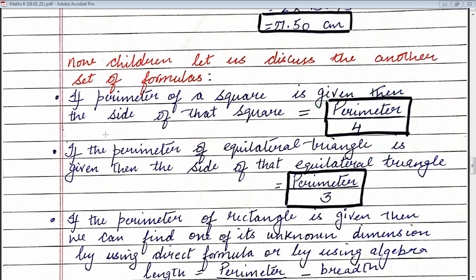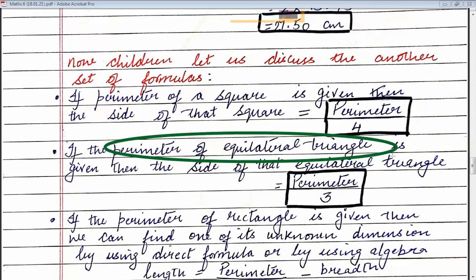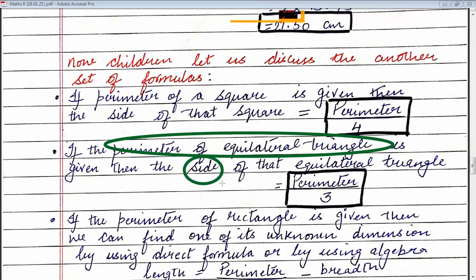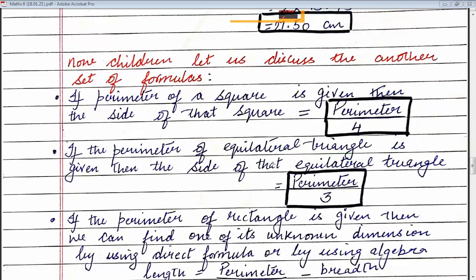Now children, how do we find the side of an equilateral triangle if the perimeter is given to you? I repeat, if the perimeter of an equilateral triangle is given to you and you have to find the side, as you all know, in an equilateral triangle there are 3 equal sides. So to find the side of an equilateral triangle, you just have to divide the given perimeter by 3.